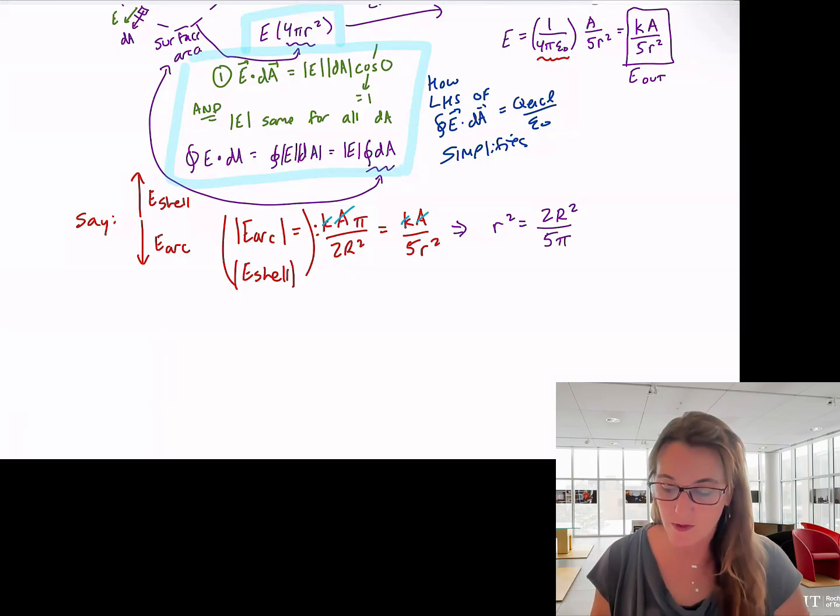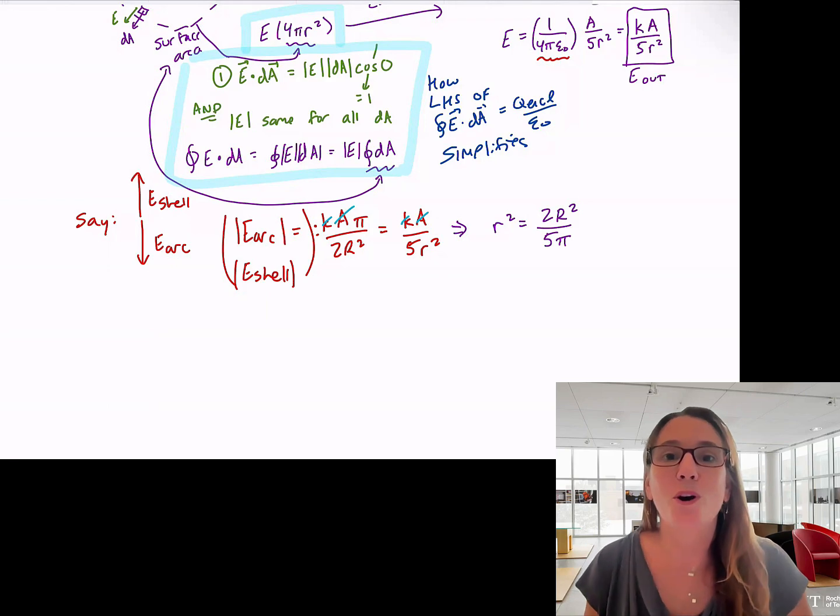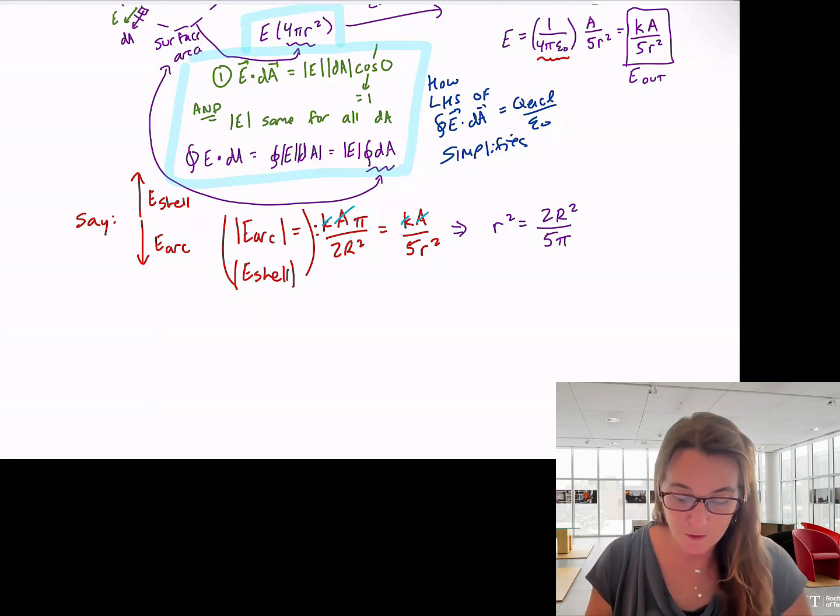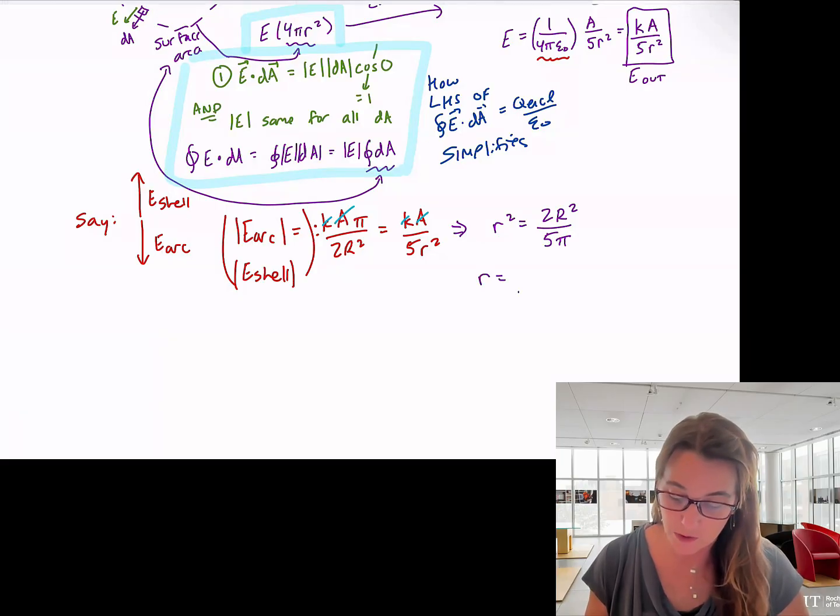And so we have this good result for our electric field from the shell being equal to the electric field of the arc at r equals the square root of 2 over 5 pi times R.